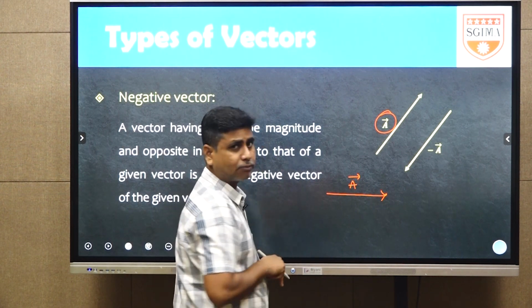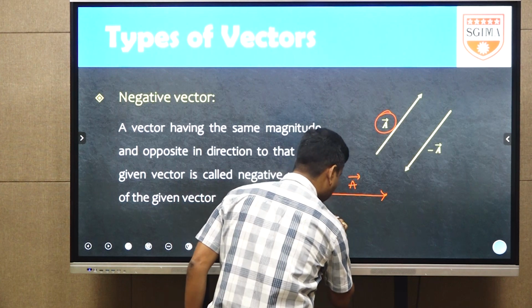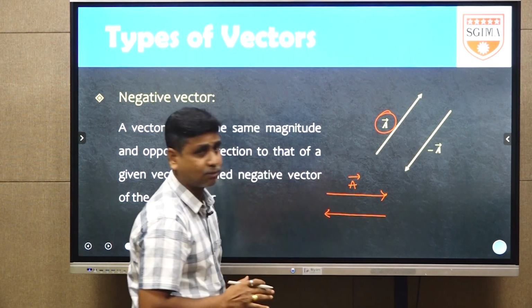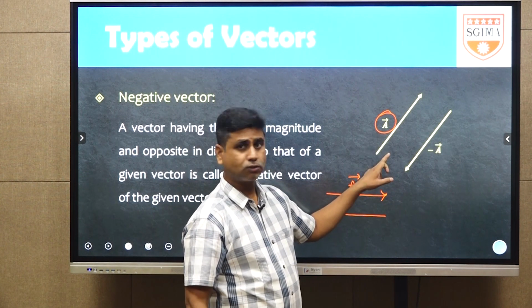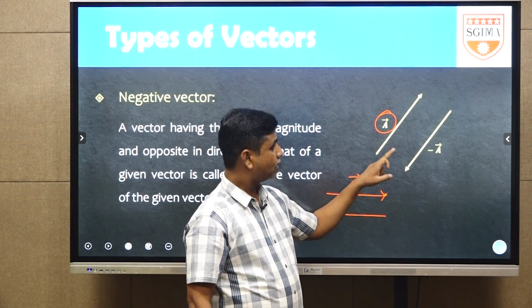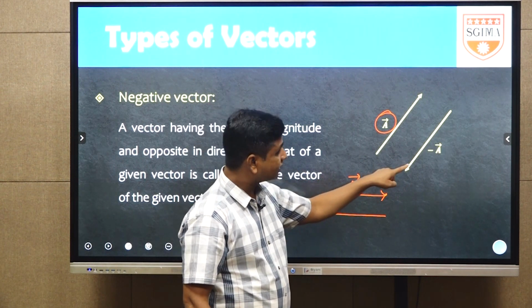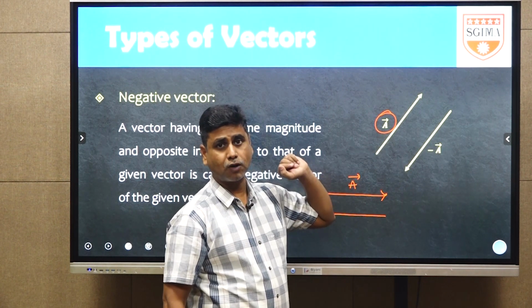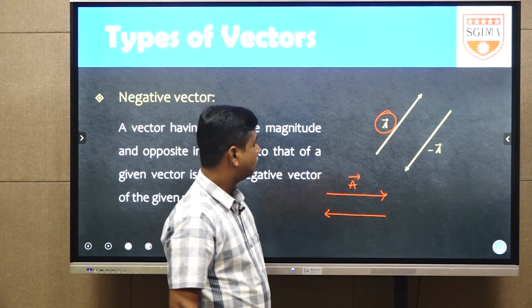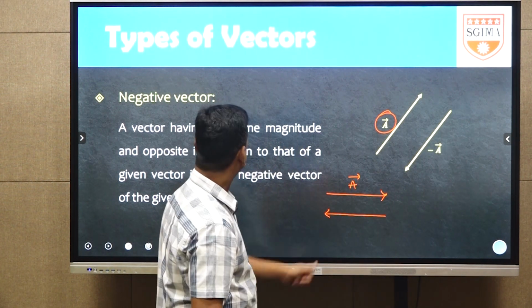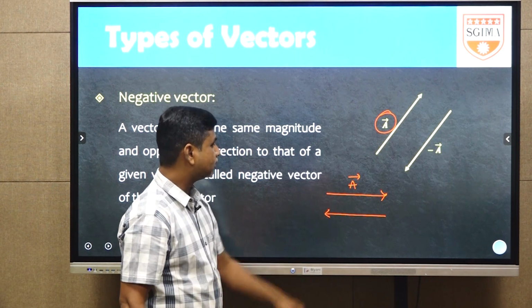Its negative vector is exactly opposite with the same magnitude. Both have the same length. In this diagram, observe that the length of A bar and minus A bar are the same, but minus A bar acts in the opposite direction of the given vector. The angle between these two is 180. Those vectors are called negative vectors.